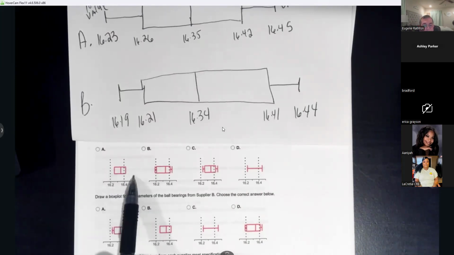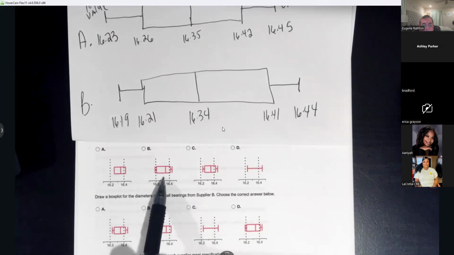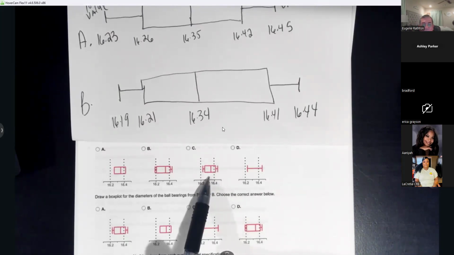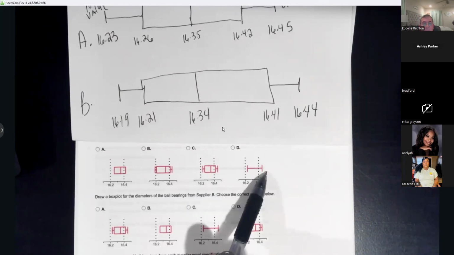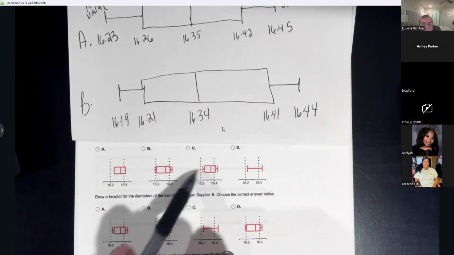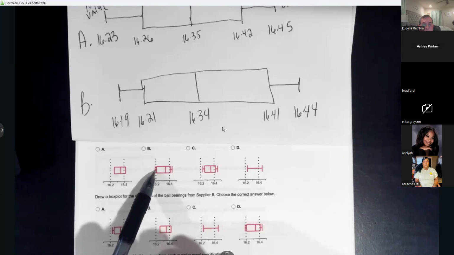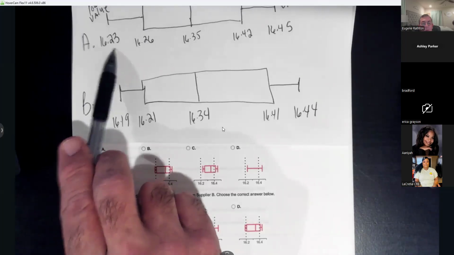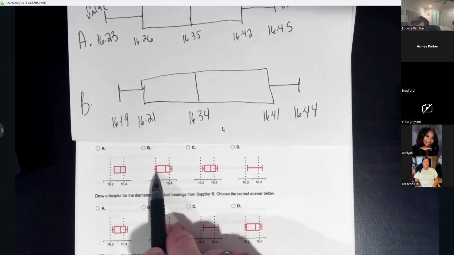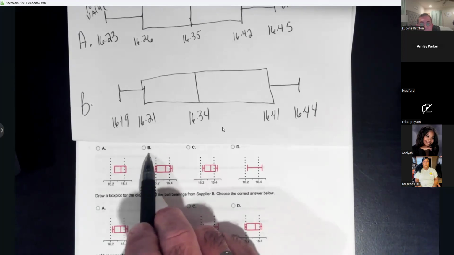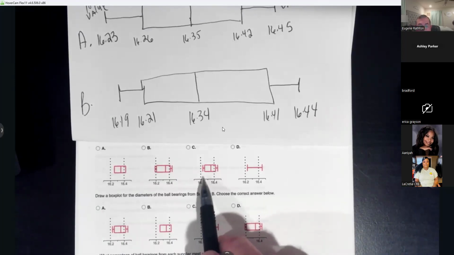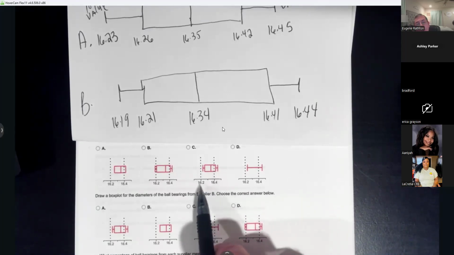Well, y'all, it can't be A, no whiskers. So it's either got to be B or C. They're the only ones that's got the complete box. Cannot be D. So I need to see which one of these looks like that low value is at about 16.23. And y'all, this first one is left of the 16.2, so it cannot be B. So let's look at C. Now, see, that's a little bit past 16.2, so that could be around 16.23.